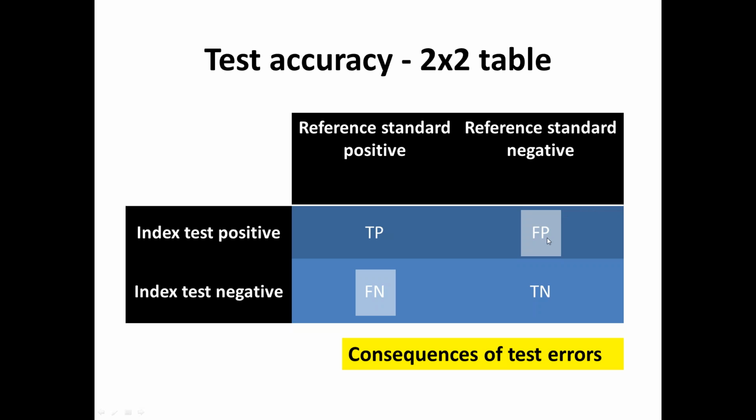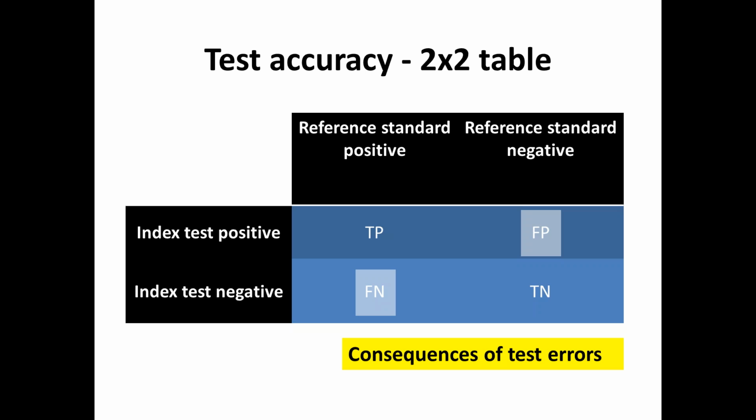So the FP are false positives. The index test result is positive in these people, but they don't have the disease. It was a wrong result. So that is a test error. And similarly, the false negatives are results where the index test is negative and they actually have disease. It's a false negative. So they are both our error rates.